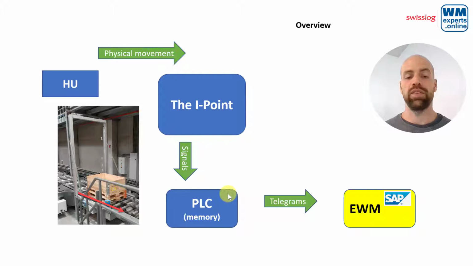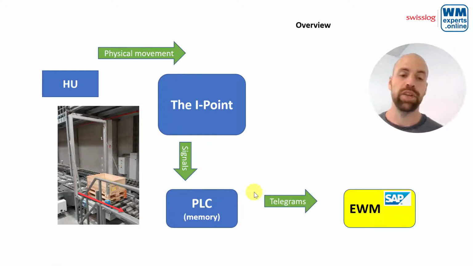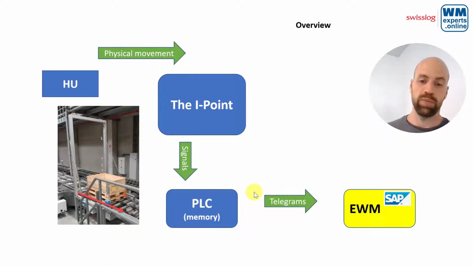And based on this combination of incoming data and PLC logic, we have a telegram as an output. So a telegram, a string of data which contains all information that the PLC is supposed to share with EWM at this iPoint.